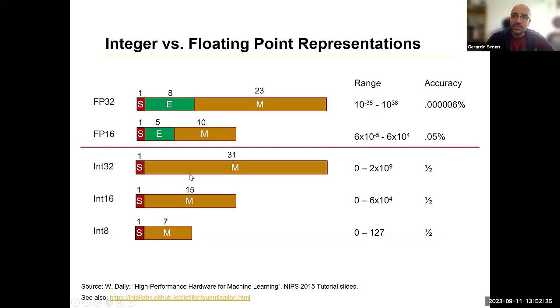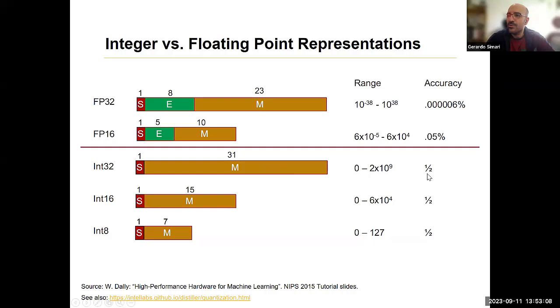For integers, so 32-bit integers, 16 and 8, it's much simpler because you're not representing any real values or anything like that. You just have 1 bit for the sign and the rest for the number. So this is the range that you get. 2 times 10 to the 9th is essentially 2 to the 31 power, right?